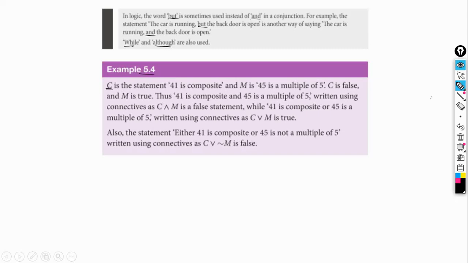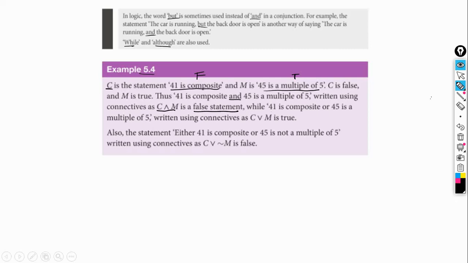C is the statement, 41 is composite. This is obviously false. And M, 45 is a multiple of 5, which is true. C is false and M is true, as we just said. Thus, 41 is composite and 45 is a multiple of 5, written using connectives as C and M, is a false statement.